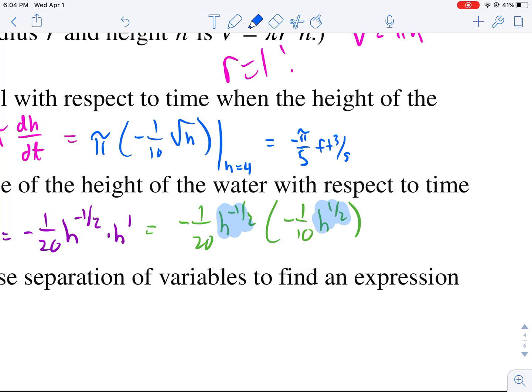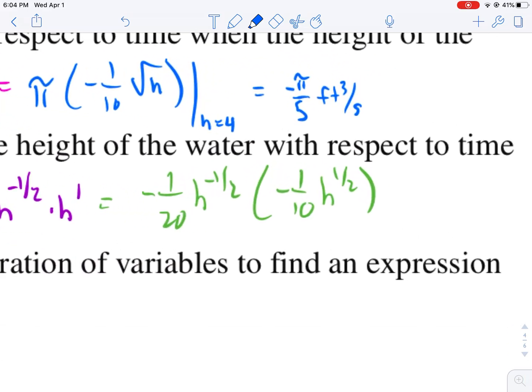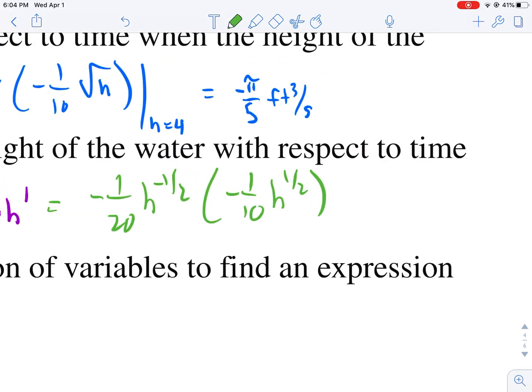But if you didn't notice that, you can at this point just plug in 3 for h, because that's the moment in question, and you end up with negative 1 over 200. Sorry, positive, it was two negatives. So 1 over 200, which is positive, and therefore the rate of change of the height of the water is increasing when h equals 3.